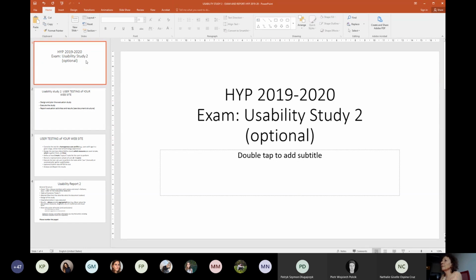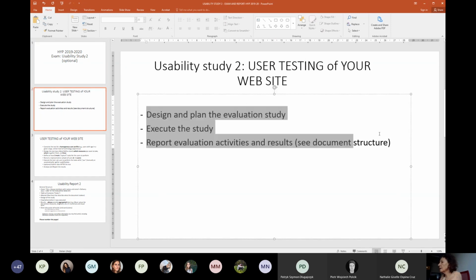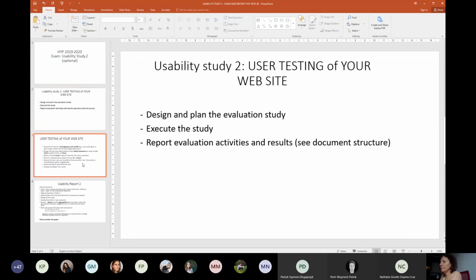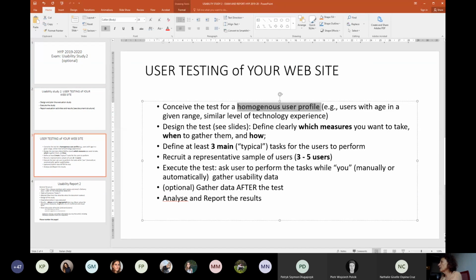So the usability report 2 is optional. It's user testing on your website. Again, these are the steps, as we have mentioned many times during this lecture. Conceive and choose a homogeneous user profile. Design the task. So it's just a wrap up of what I said.